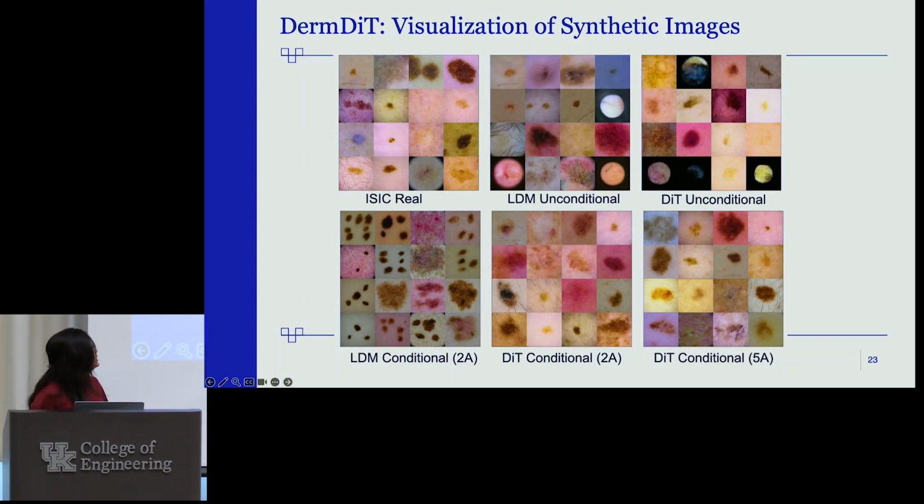Here is the real dataset from ISIC, and here are the unconditional models, LDM and DiT, and this is the LDM conditioned on 2 attributes, and this one is DiT conditioned on 2 attributes, and the last one is DiT conditioned on 5 attributes. If you see these DiT-based conditional models, these samples are more similar to the real ISIC data samples.